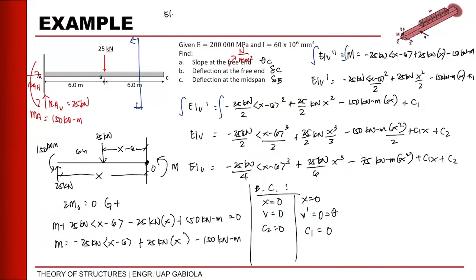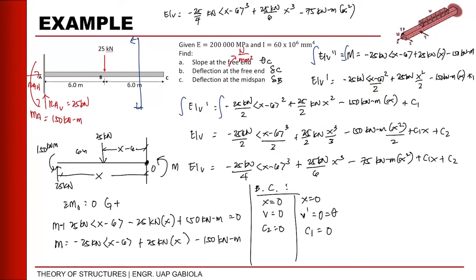Next is yung ating deflection. So EI v is equals to negative 25 over 4 kN (x minus 6) cubed plus 25 kN over 6 x cubed minus 75 kN·m x squared. And then si C1 will be 0, C2 is 0.